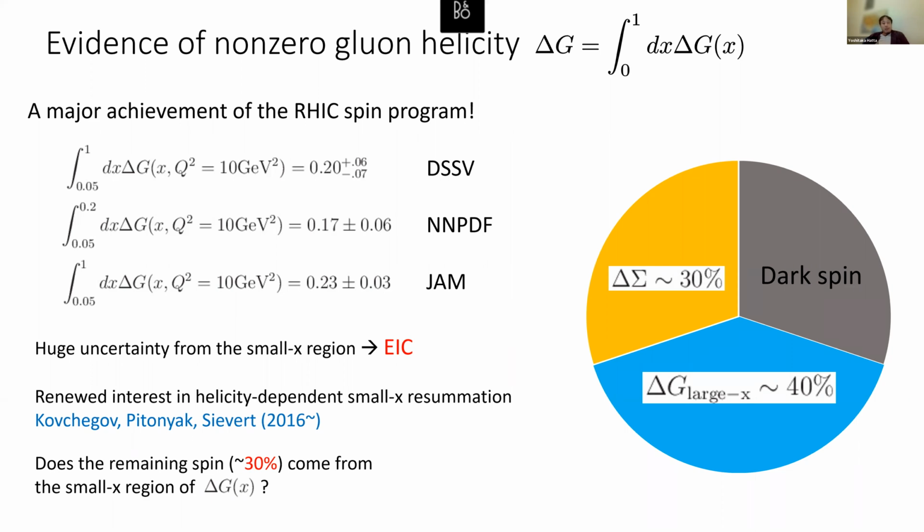But in any case, the current status is that delta sigma is like 30%, and the delta G from the large x region is like 40%. And then the naive expectation is that maybe the remaining 30% of the spin simply comes from the yet unmeasured region in x, the small x region. So maybe that's the solution of the spin puzzle.